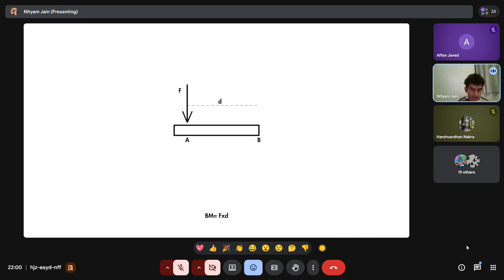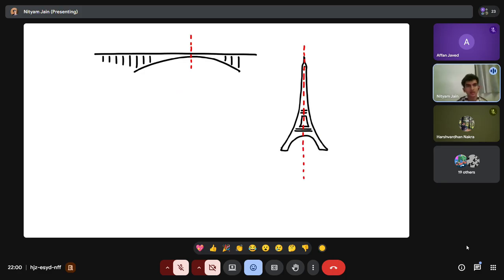Or in simple terms, it is the stress acting upon the structural member at the given point. So this definition leads to a diagram which helps one understand.